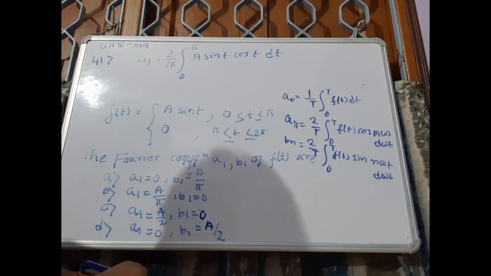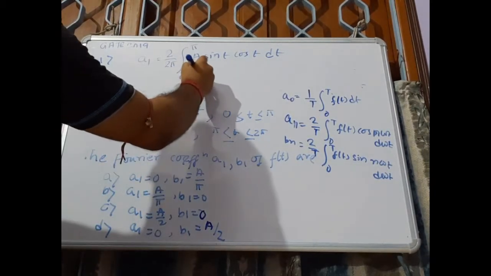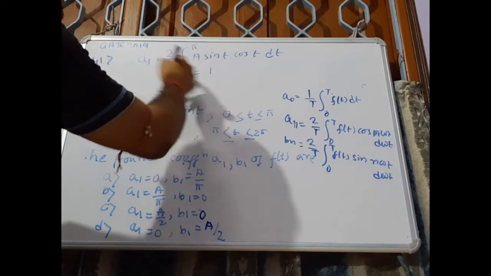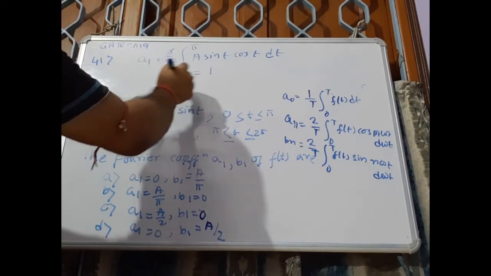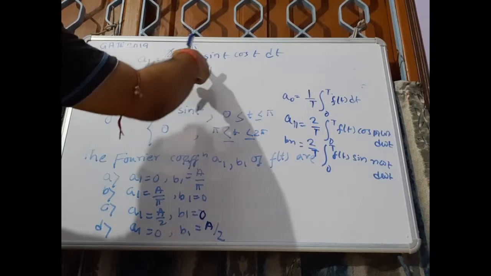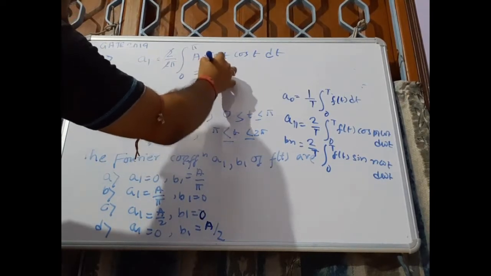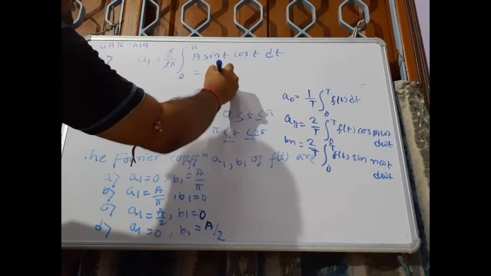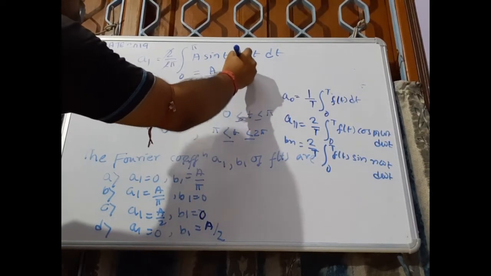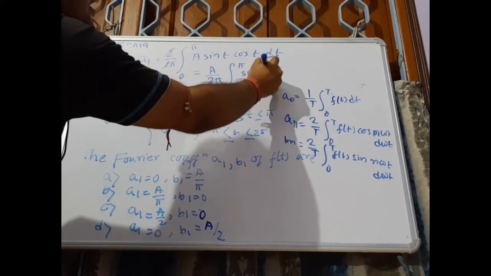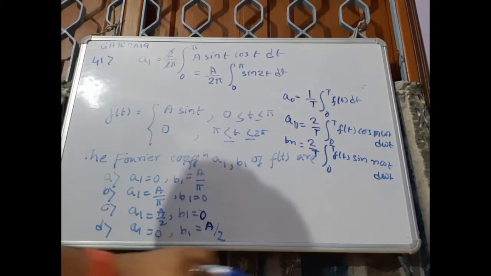Now if I take 1 by this, this can be cancelled, and if I multiply by 2 and divide by 2, we have a by twice pi integration 0 to pi sine 2t dt.